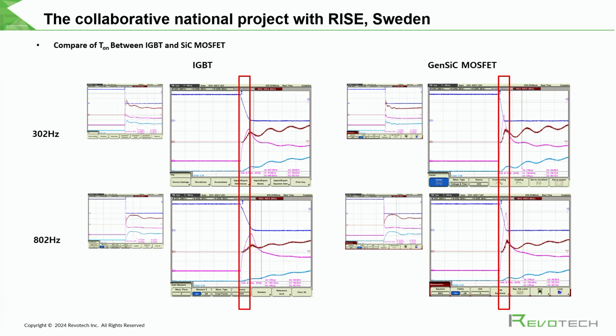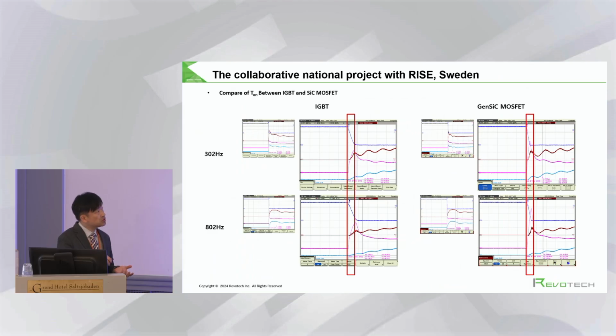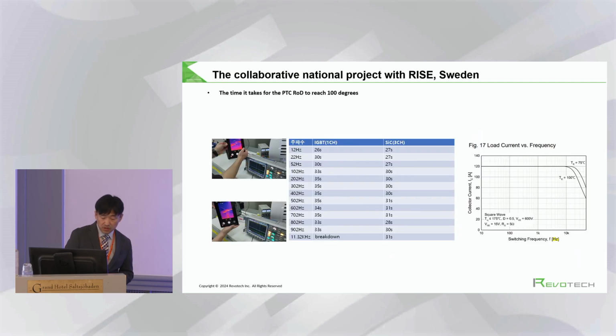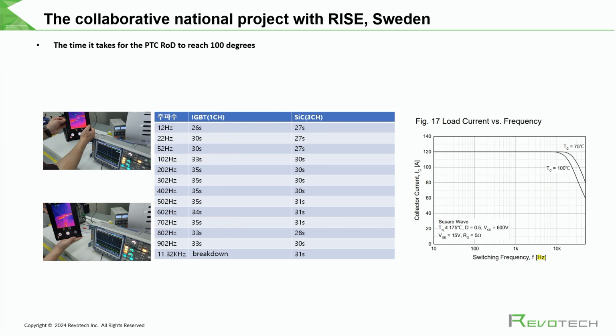It's noticeable that the SiC MOSFET has a shorter turn-on and turn-off time compared to IGBTs. This shorter turn-on and turn-off time of the SiC MOSFET leads to higher efficiency. The time it takes for the PTC load to reach 100 degrees is shorter when using the SiC MOSFET.